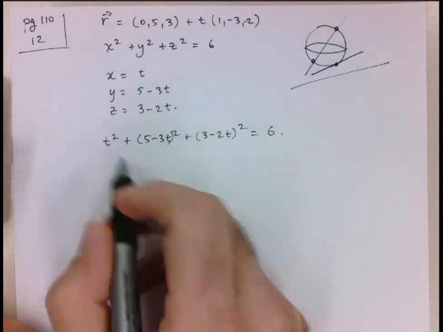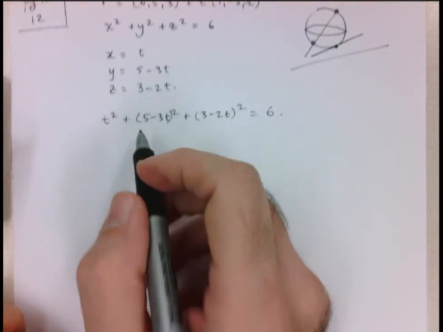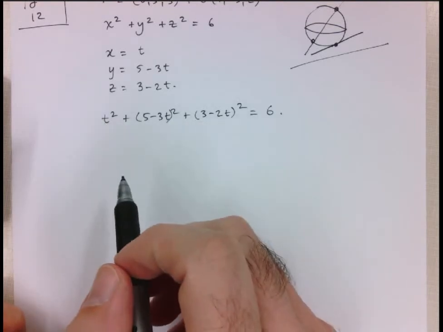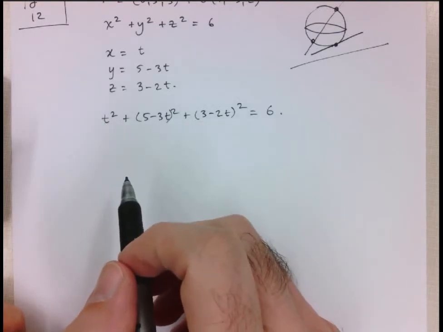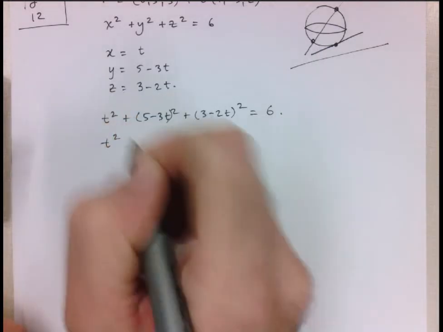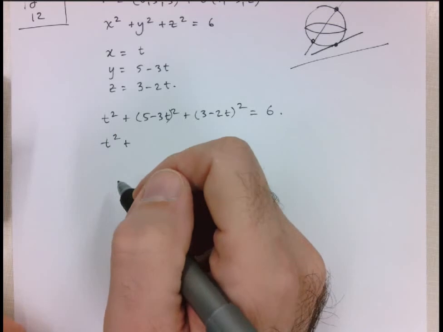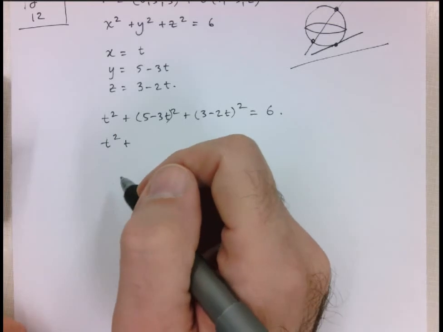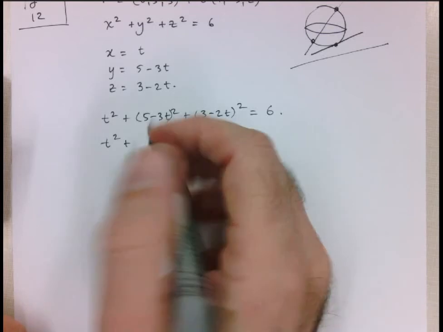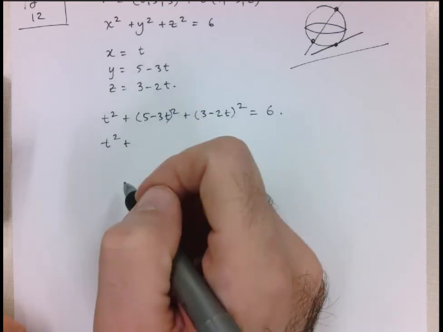Well, I end up with an equation with only one unknown, so I should be able to solve it, especially since when I expand everything, it will just turn out to be a quadratic equation, exactly what I was expecting based on my diagram. So t squared plus, and here, either write out (5 minus 3t) times (5 minus 3t), or remember the song you might have learned back in grade 10 or 11: square the first, square the last, twice the product of first and last. So the square of the first is 25.